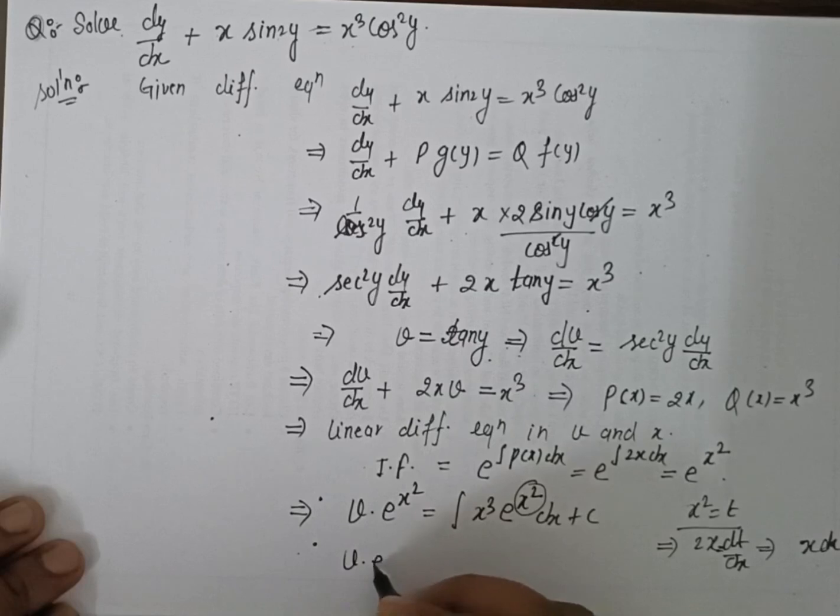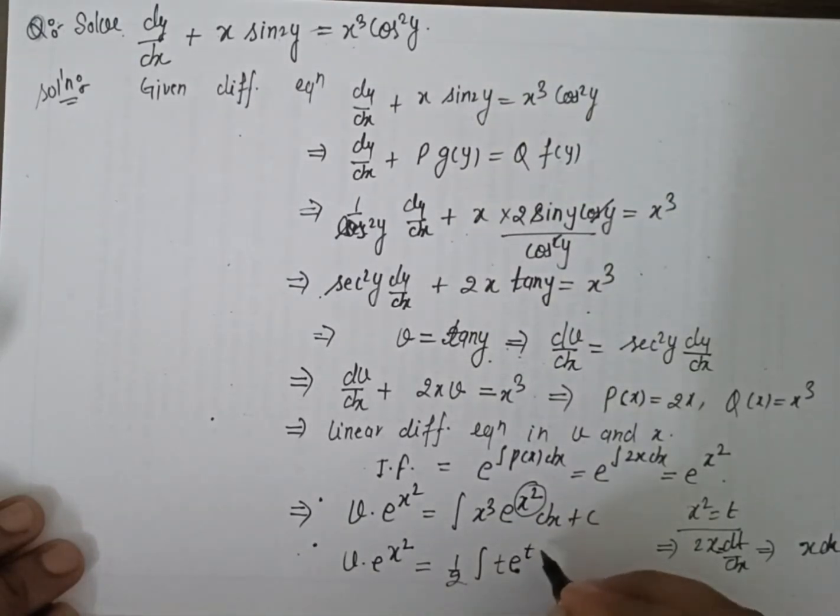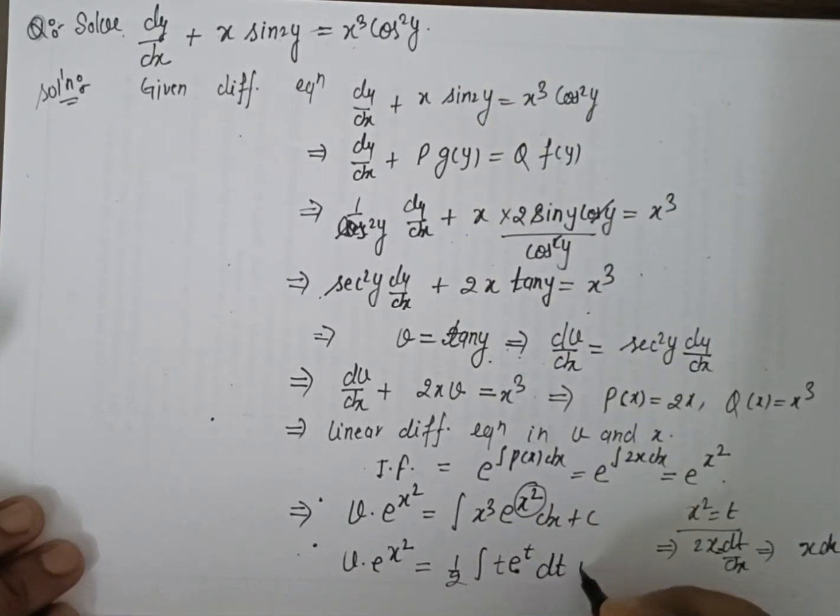Finally you will get the result as v into e^(x²) is equal to 1/2 integration of t e^t dt, and plus c. Because x dx is equal to dt by 2 here, and x² means t.